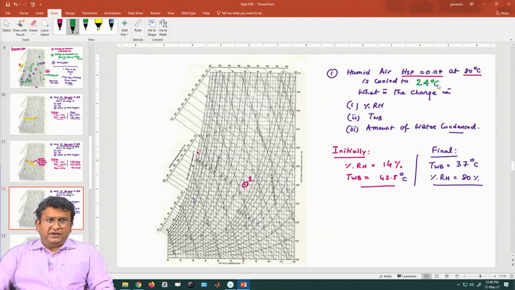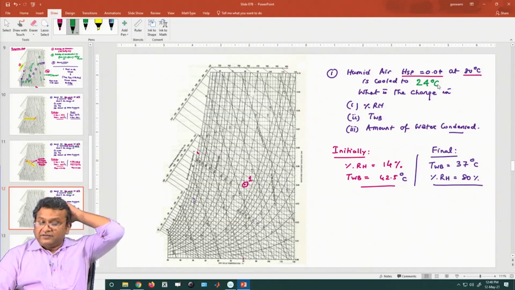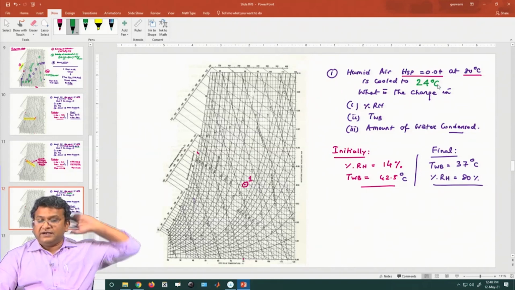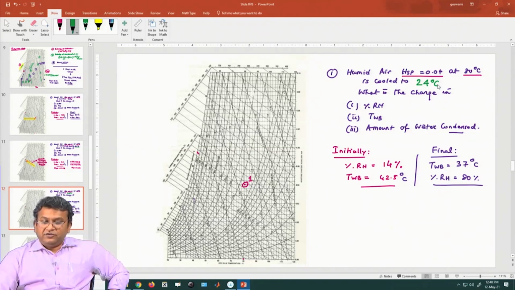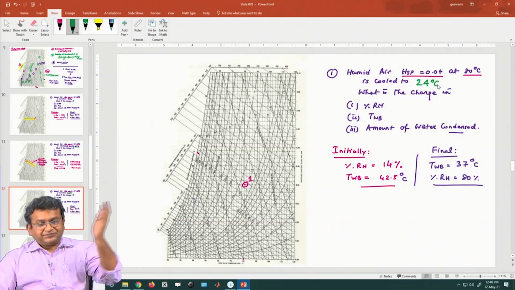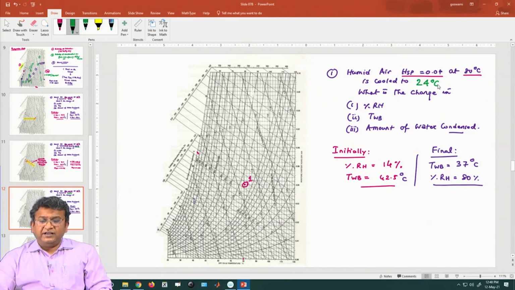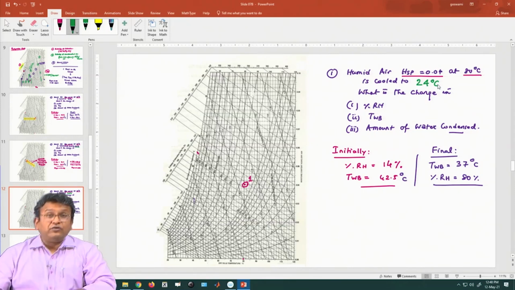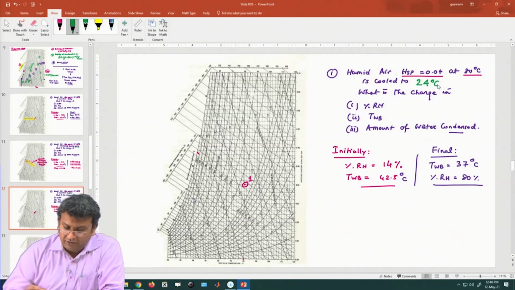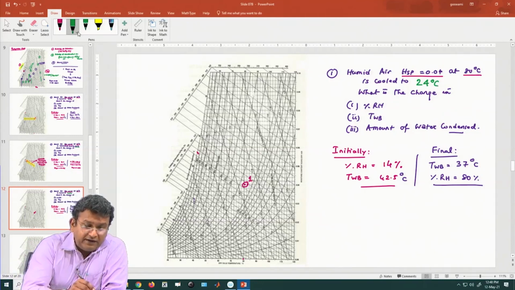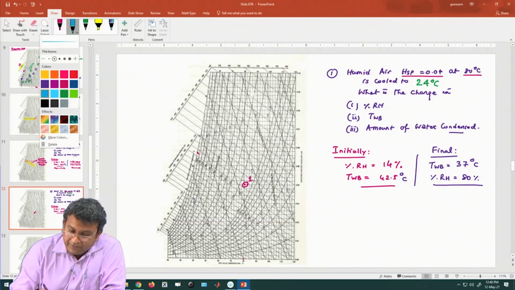So, here we know this is the initial point. The initial point we have located based on HSP equal to 0.04 and temperature equal to 80 degrees centigrade. Based on that we know the initial humidity is 14% and the wet bulb temperature is 42.5 degrees centigrade. Now it says that it is cooled to 24 degrees centigrade. So, we know how to draw cooling now and we start drawing the line.